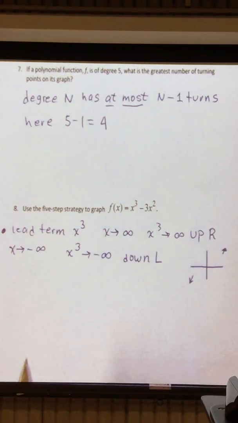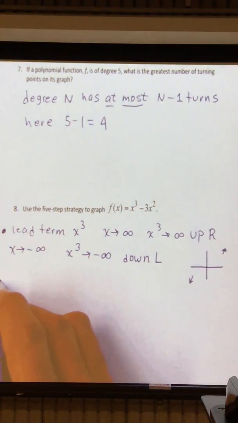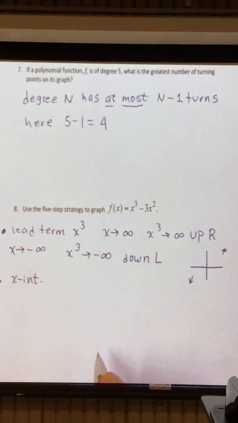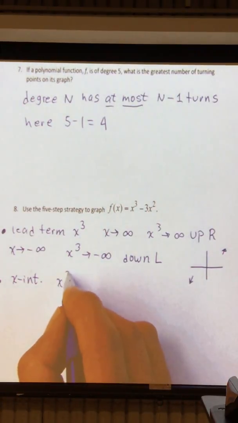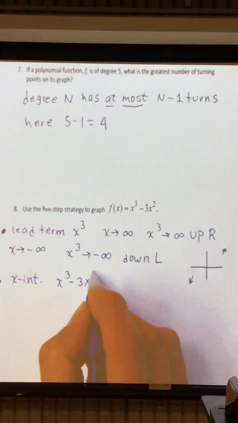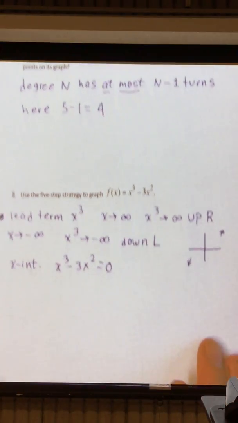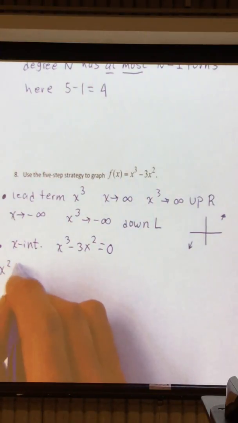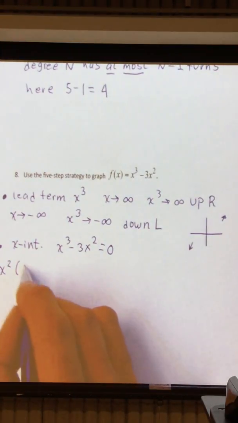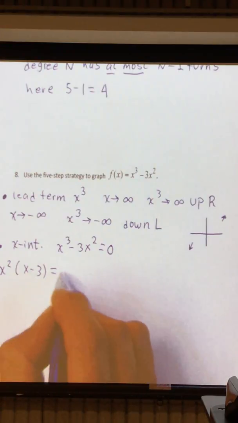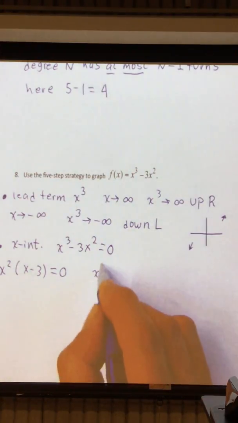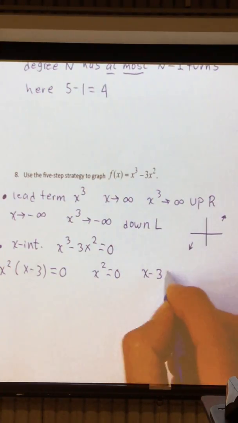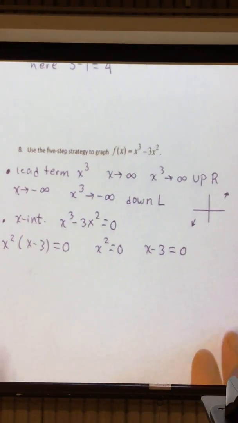Let's also find the x-intercepts. To find the x-intercept, simply set the function x cubed minus 3x squared equal to 0 and factor that. Here we have a common factor of x squared, and taking out that common factor, we have left x minus 3. Setting both equal to 0 gives us x squared equal to 0 and x minus 3 equal to 0.